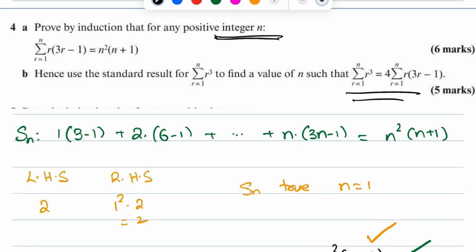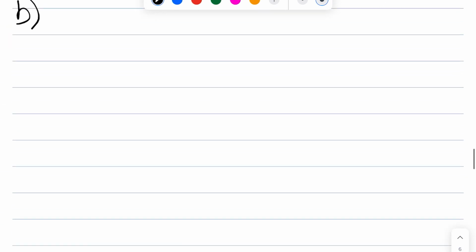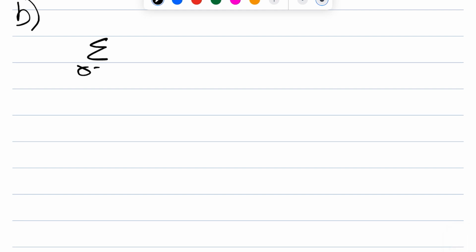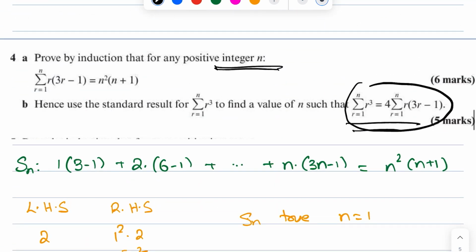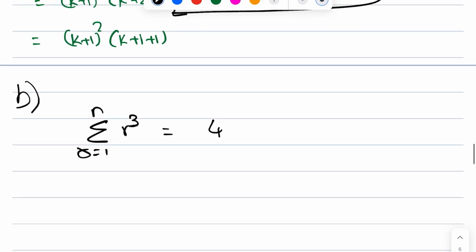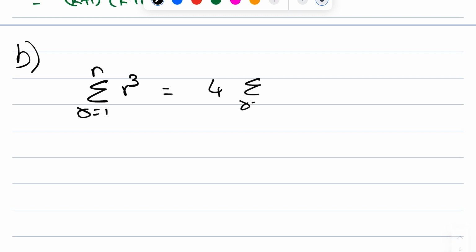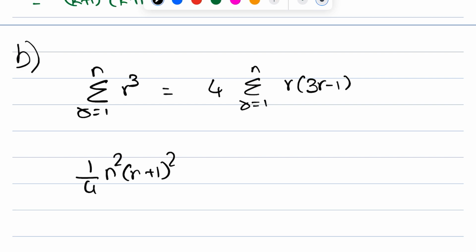Coming to part B, use the standard result to find the value of n. So let's write it out. Sigma r equals 1 to n of r cube equals one upon 4 n square times (n plus 1) whole square.